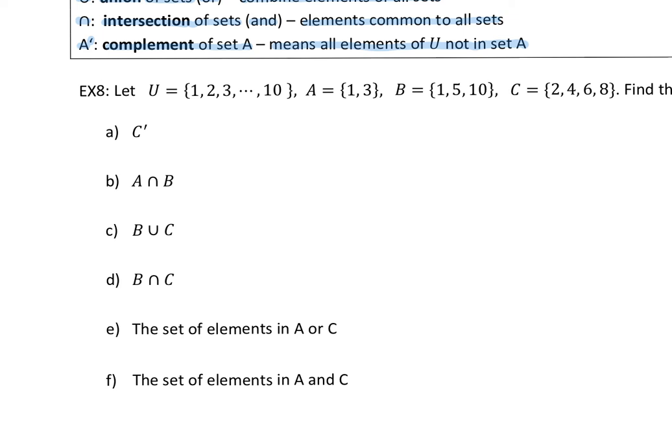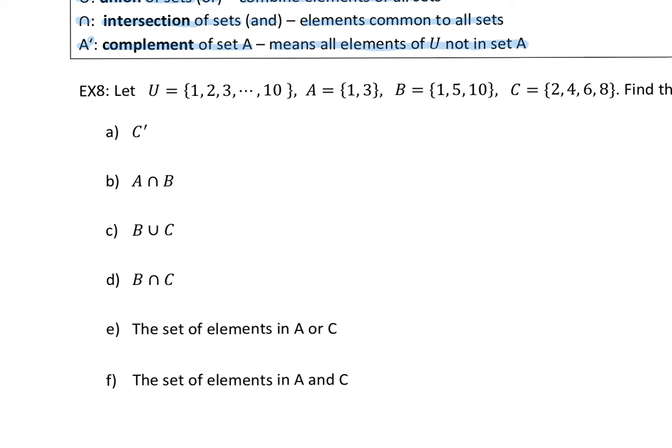In example 8, we have a universal set 1, 2, 3, and then there's a comma, and I wanted to show you another use for the ellipses. Notice that there's 3 dots. It means the pattern is going to continue, and so on. But this set's going to end. It's not going to go on forever.